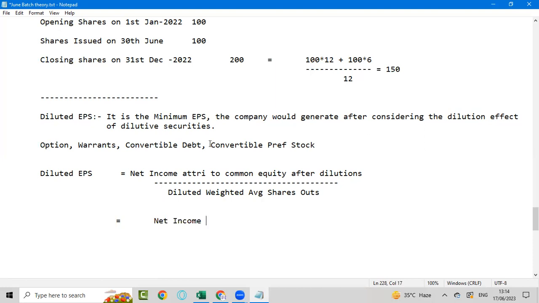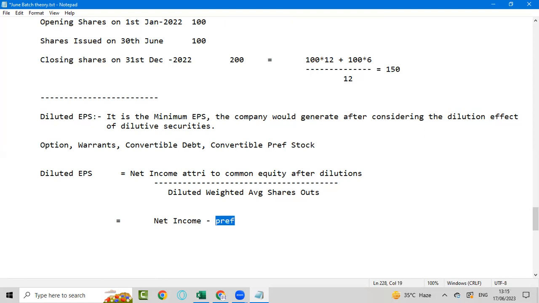Look, if convertible preference stock is converted to common equity, the preference dividend which we were giving will not be paid. When the preference stock is not there, the preference dividend will also not be there.